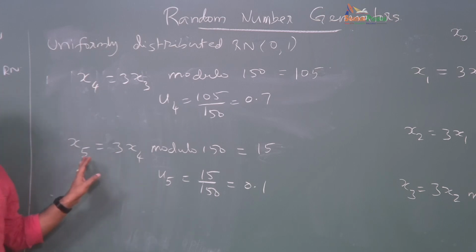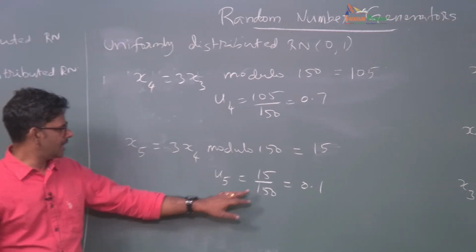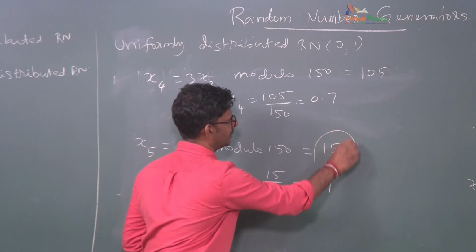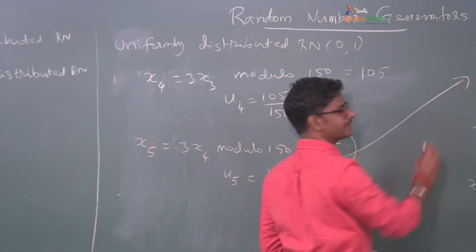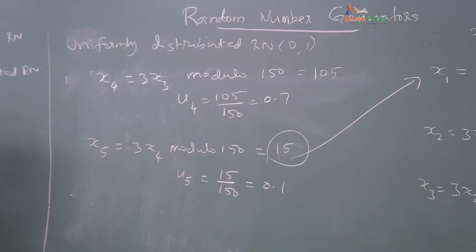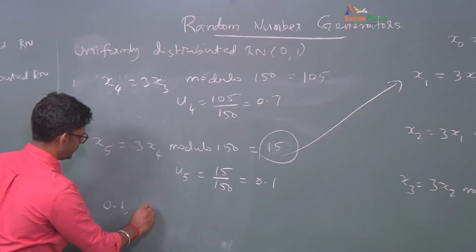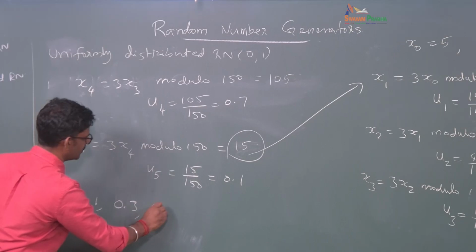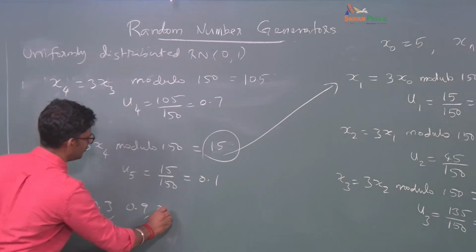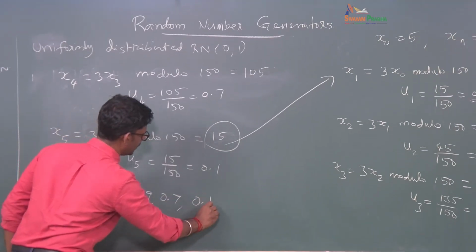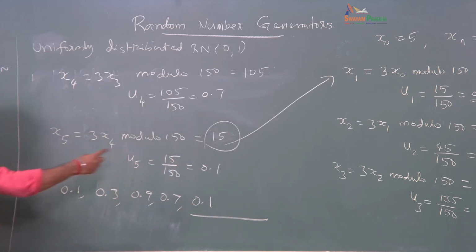By the time I get the fifth random number, I am getting this number 15, and this basically goes back to here. So if I look at the sequence, I would have got 0.1 first, then 0.3, then 0.9, then 0.7, then 0.1, and from here onwards it repeats again.